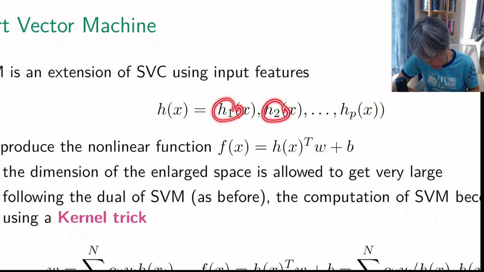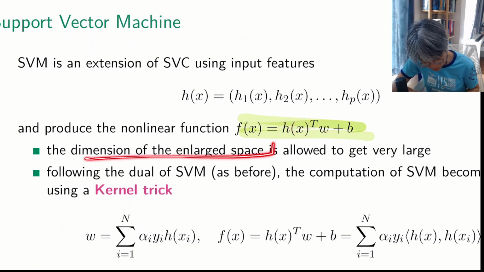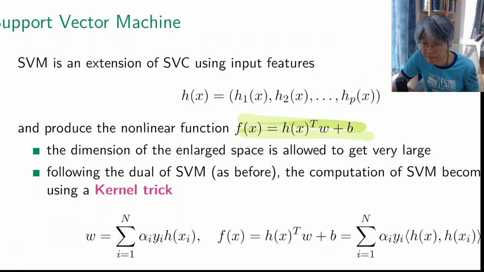You have h1, h2, up to hp, so this is p dimension. Your final classifier function will be nonlinear in x, with this h(x) transpose w plus b. The dimension of the enlarged space, which is p here, is allowed to get very large.